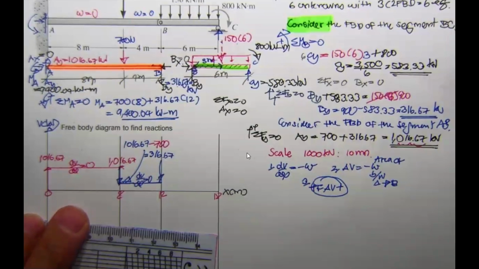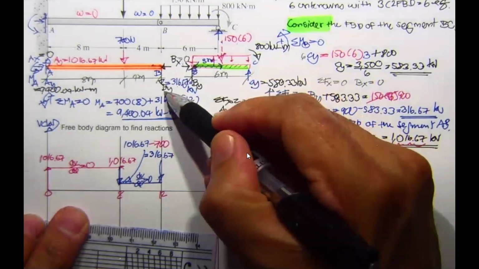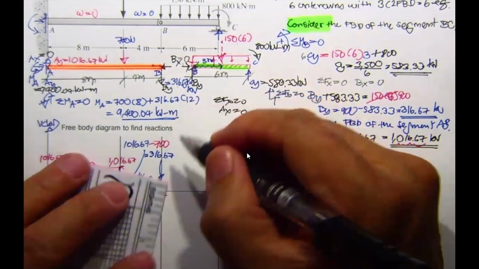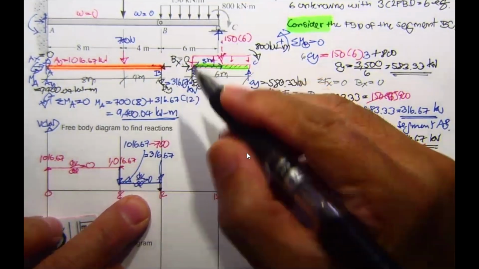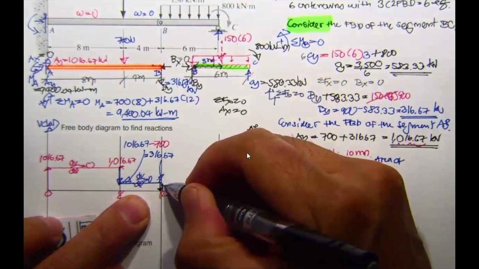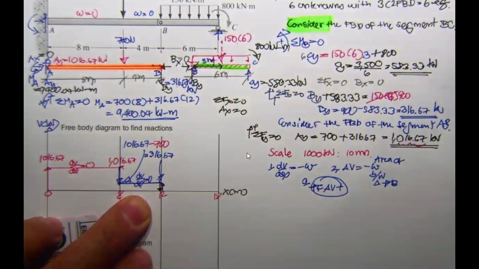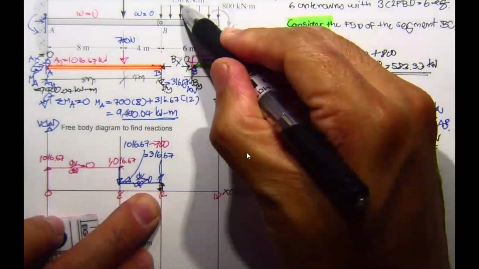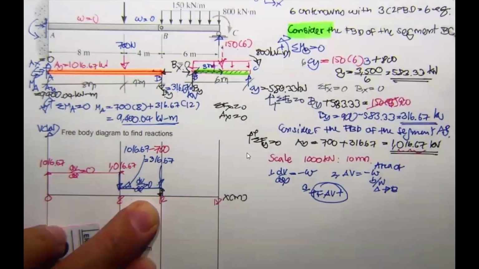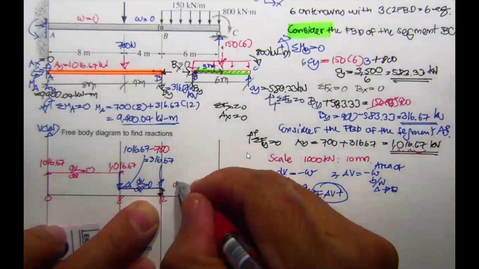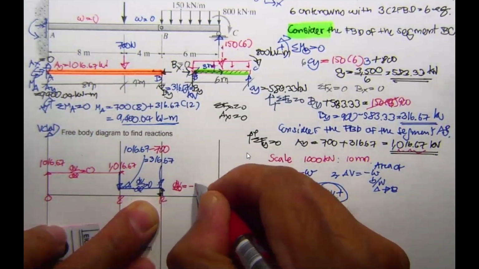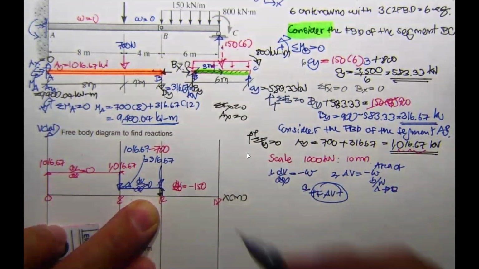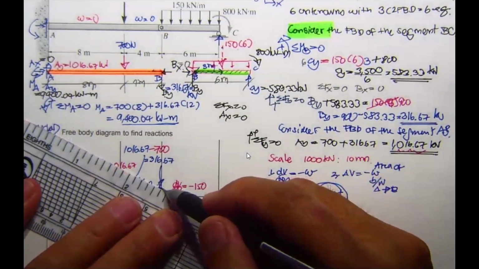Now, coming up to this point you have 700 downward, so this is downward. You move to this one, upward, this one takes the upward. So go back to 316.67 as before. Now, W is 150 kilonewton per meter. So now dV by dx in this B to C is going to be minus 150, so it's going downward like this.